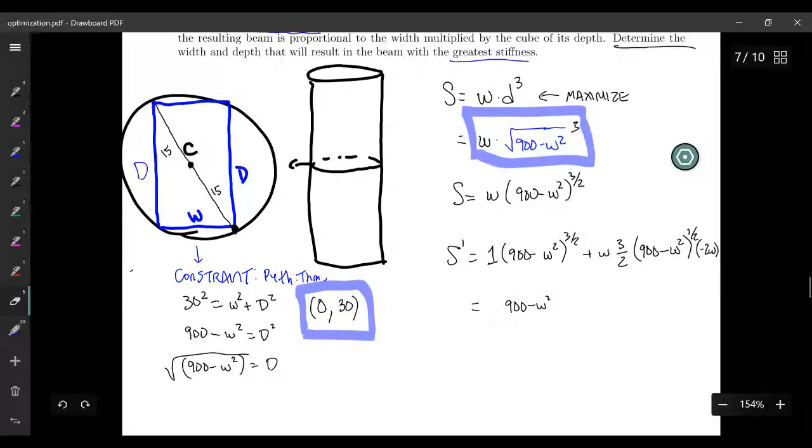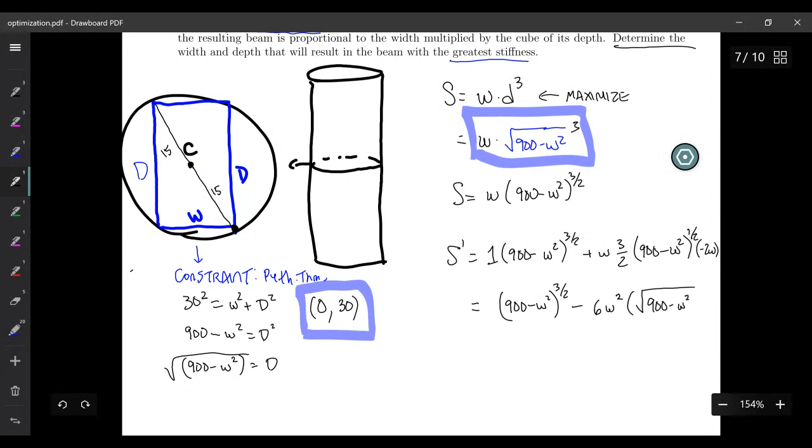Just keep that 3/2 power. And then on the other side, we've got a negative 2W, negative 6W squared times the square root of 900 minus W squared. Sorry, I keep doing the square root and keep it as an exponent.